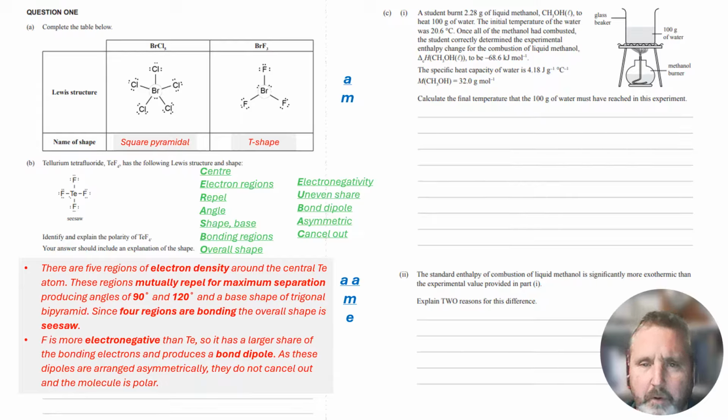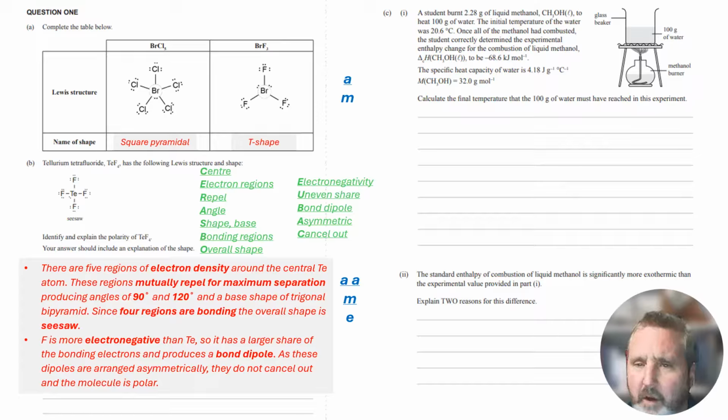So a student burns 2.28 grams of liquid methanol. This is the fuel that's been used, so this is the mass of fuel used, to heat 100 grams of water. What is actually being measured is the change in temperature of the water. So 100 grams of water is the mass of water that's been heated. It says the initial temperature of the water was 20.6.